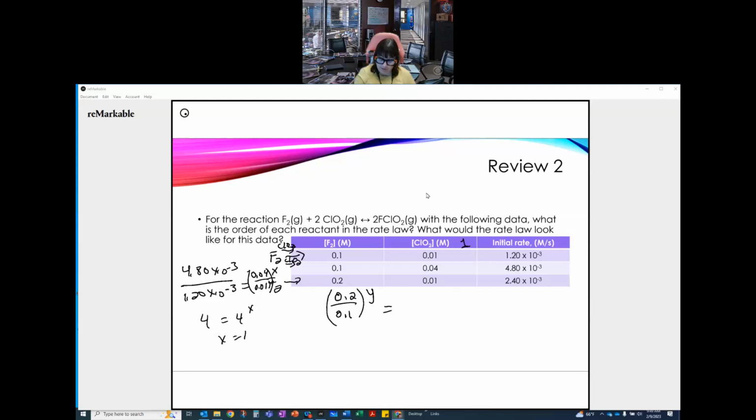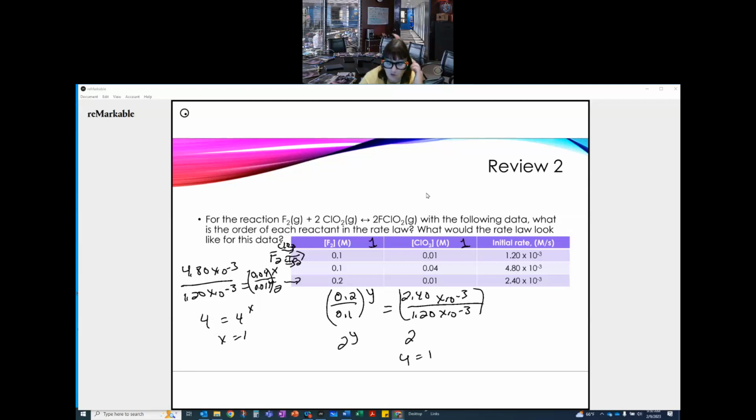And then the rates that I have, 2.4 times 10 to the minus 3 goes with the 0.2, and 1.2 times 10 to the minus 3 goes with the 0.1. So 2.4 times 10 to the minus 3 divided by 1.2 times 10 to the minus 3, because I can't do that kind of math in my head. That's 2, this is 2 to the y, and so y equals 1. So that is first order as well. Awesome, that was so exciting.